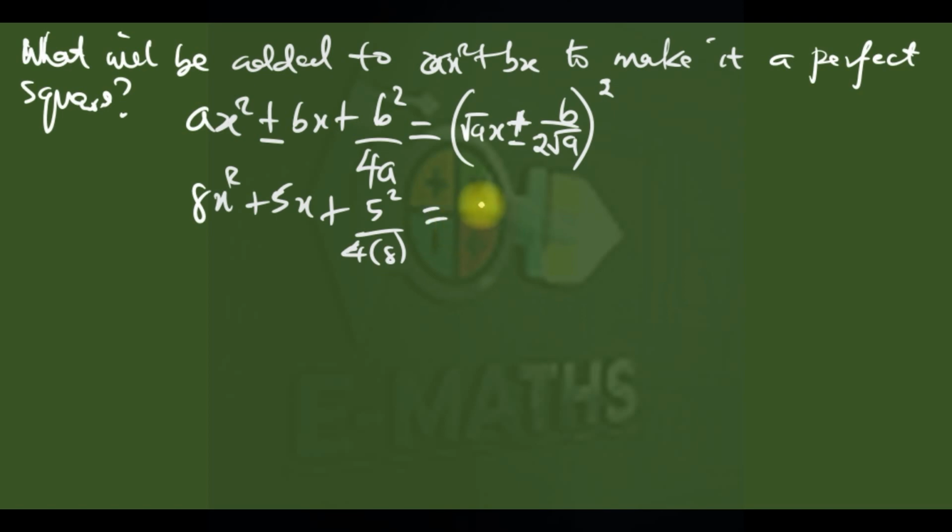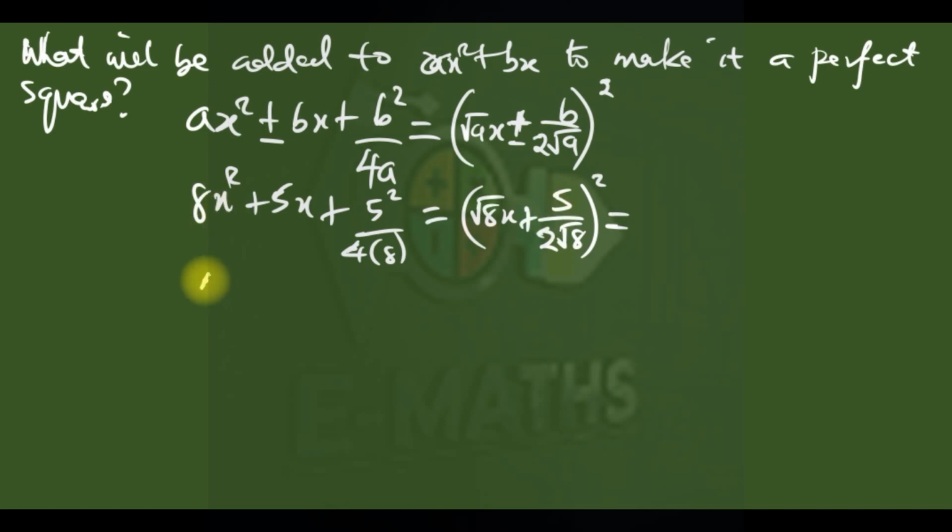And what we'll get is the square root of that, which is root 8 x plus the square root of 5 squared, which is 5, over the square root of 4, which is 2, times root 8, all squared. Okay, let's leave it like this.